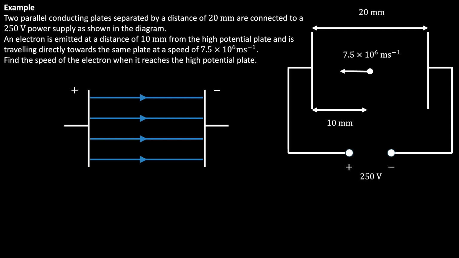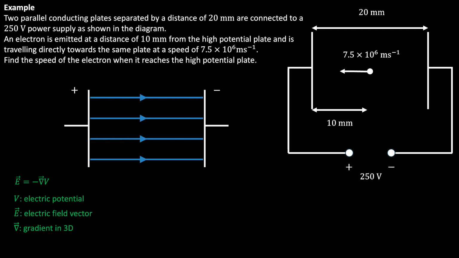In vector form, we write E vector equals minus gradient of V, where V is the potential, E vector is the electric field vector, and the inverted triangle with a vector arrow on top is the gradient in 3 dimensions.